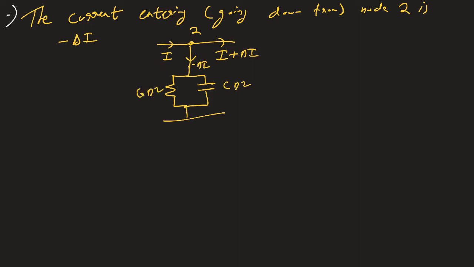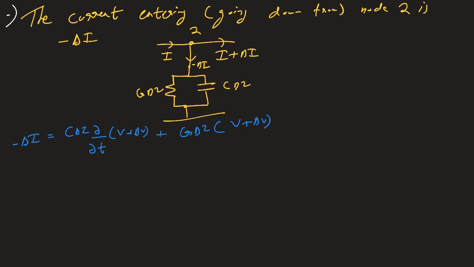So if we simplify this, minus delta I becomes equal to, what's the current through the capacitor? Well, it's capacitance C delta Z times partial by partial T of the voltage at node 2, which is V plus delta V. And delta I is divided between the capacitor and the transconductance. So this is the part which goes to the capacitance, and the part which goes to the transconductance is the transconductance times the voltage, so that's G delta Z times (V plus delta V).